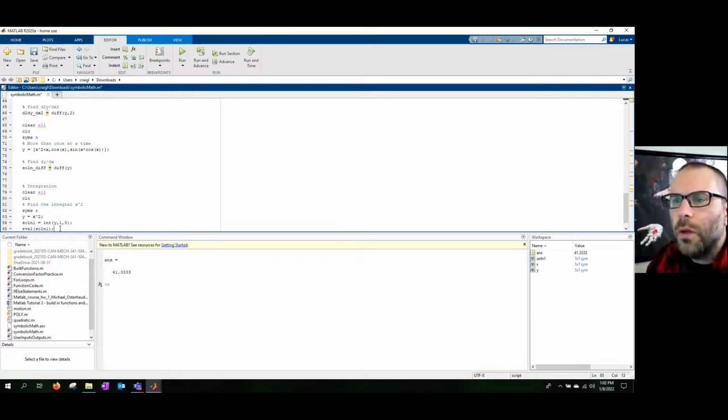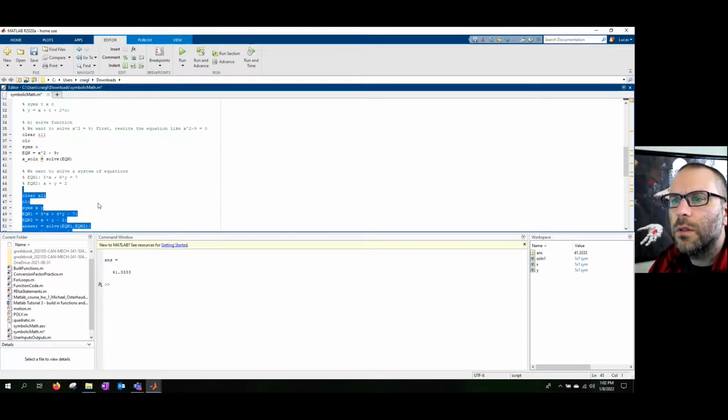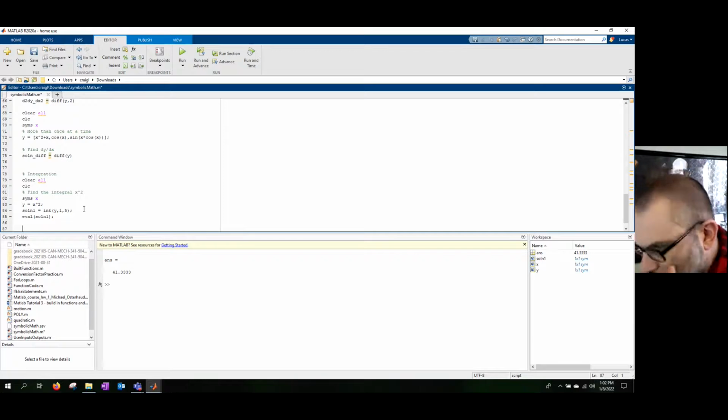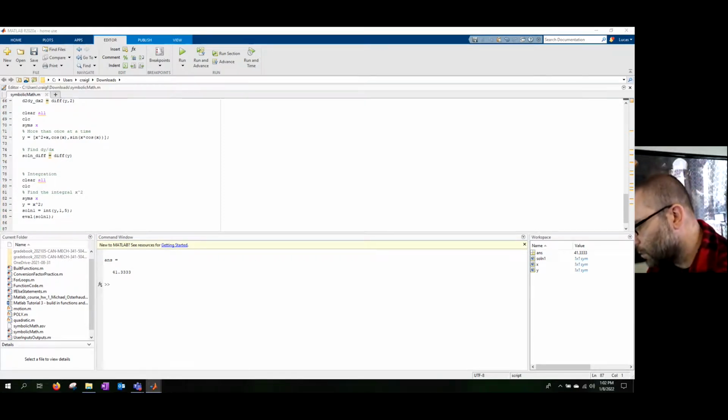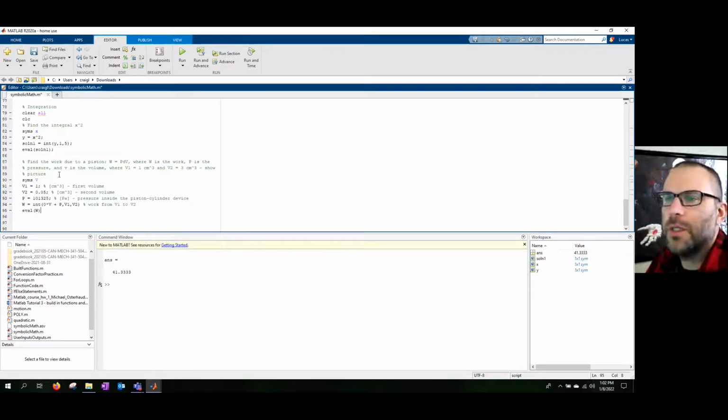We can keep it running. So let's just do an example, because sometimes you get this. We want to find the work done by a piston.